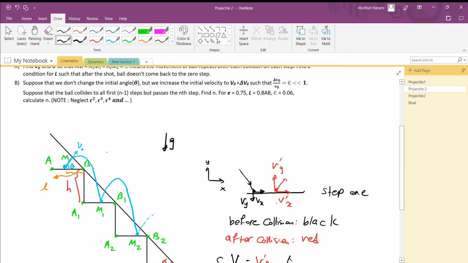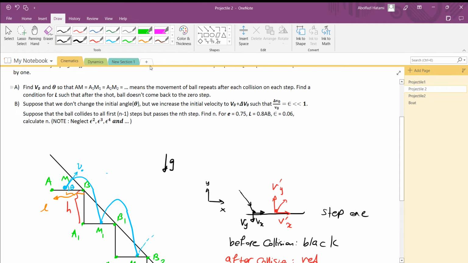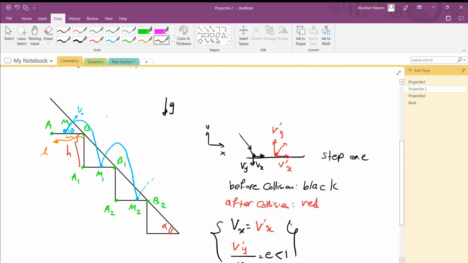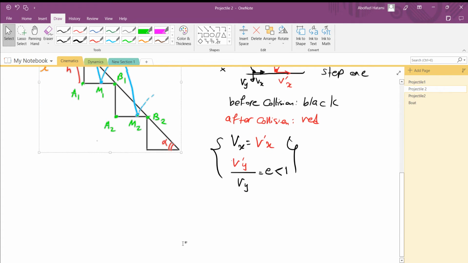What does it mean? a1 m1, it is this. Let me draw it with brown color. Let me draw another picture to write something on it. Let me copy this and paste it here.